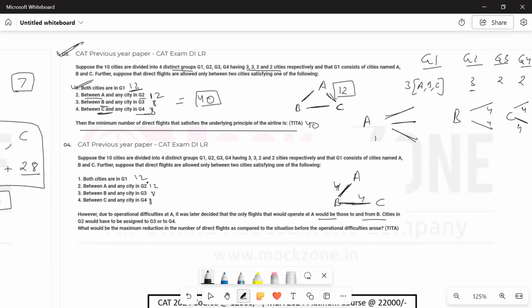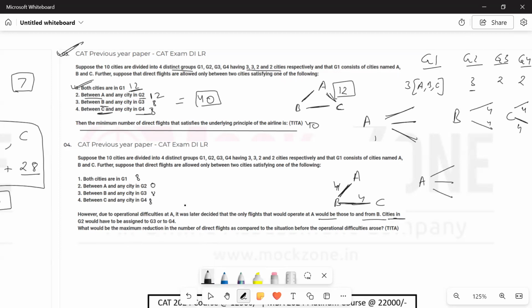Within G1, instead of the initial 12, it will become 8. Between A and any other city in G2: now only B is connected to A, so the 12 flights that were coming from A will now become 0. Those will become 0.